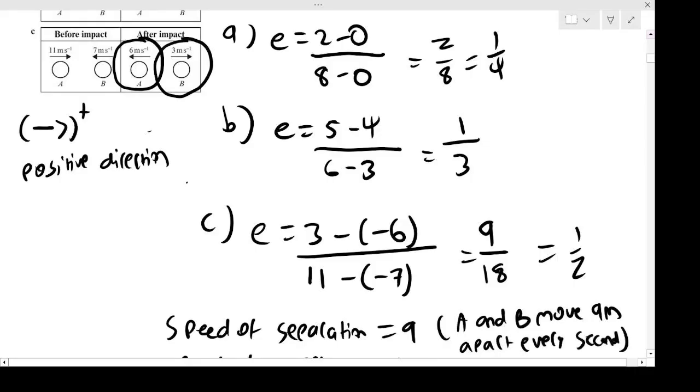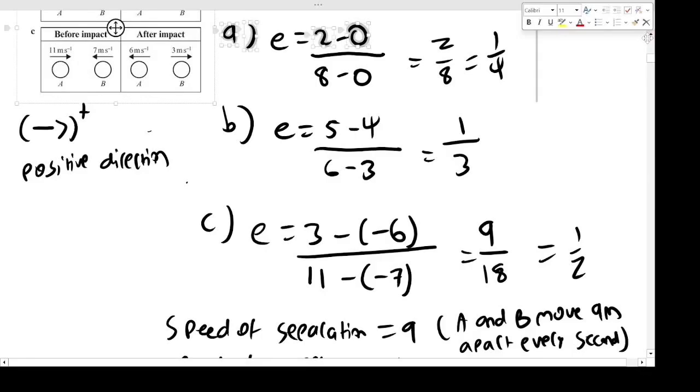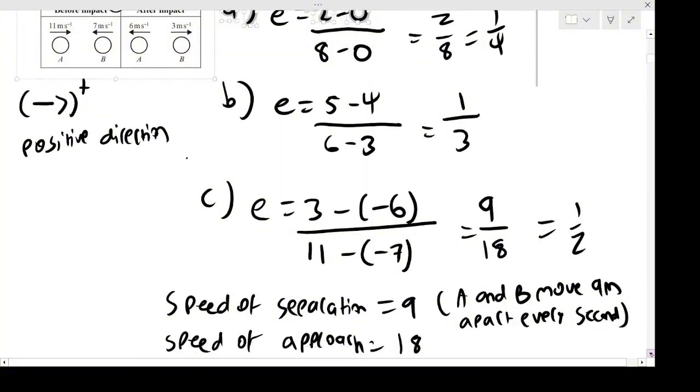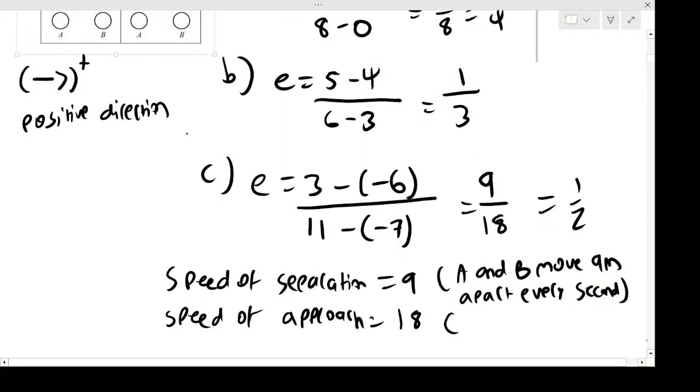Okay, and likewise for the speed of approach here, well, A has speed 11 and that's going towards B, and B has speed 7 and that's going towards A. So that means overall every second they're going to be heading towards each other 18 meters, okay? Because A is going 11 meters to B and B is going 7 meters to A. So overall they're going 18 meters towards each other.